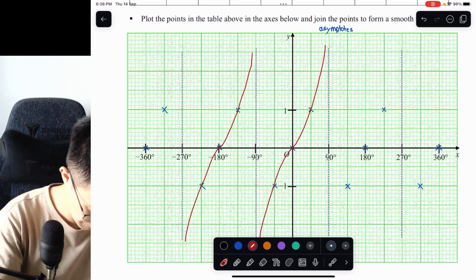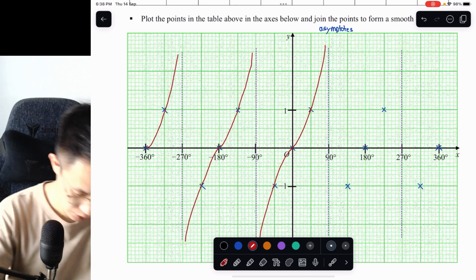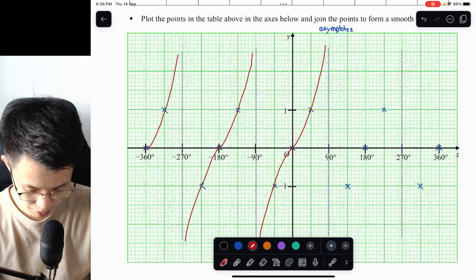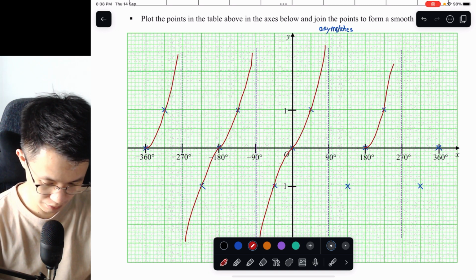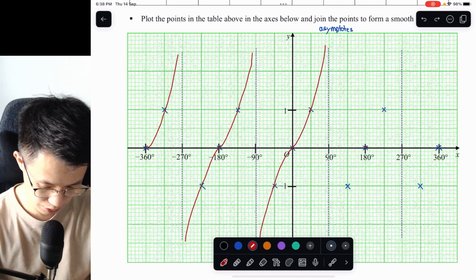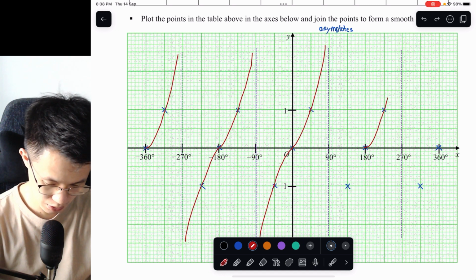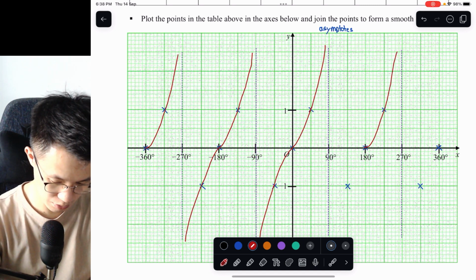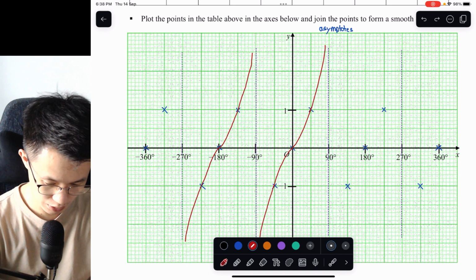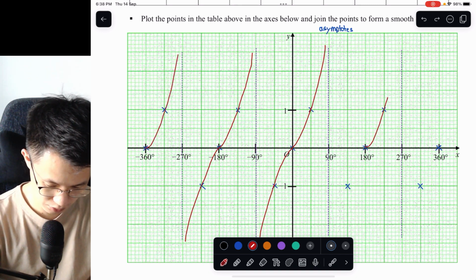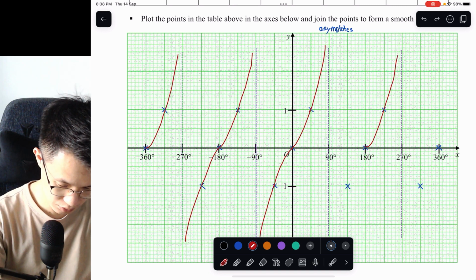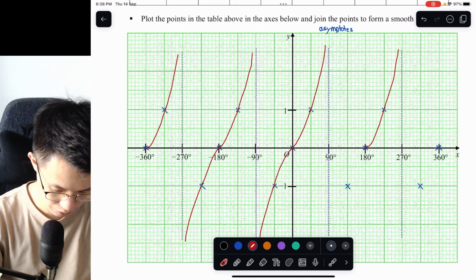Just about there. For this, it's also going to be the same. Go up like that. And then from here, it's also going to be the same. I always tend to draw from the positive side first, because it's a little bit tougher to draw this part, because it has to tend towards that, which is really tough.